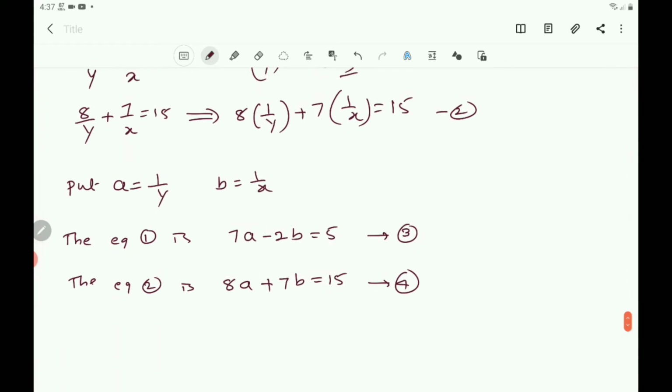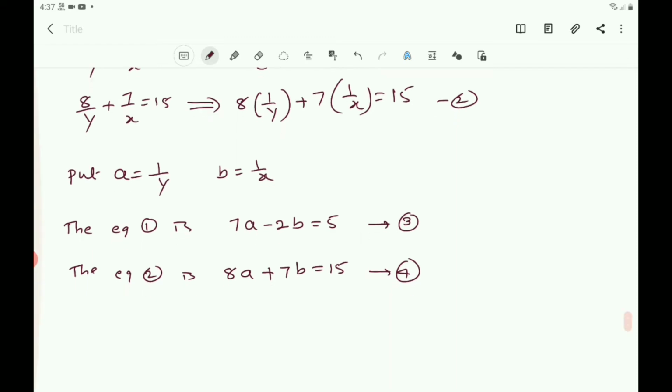Now if you want to solve it by the elimination method, try to cancel any one of the variables. See the coefficients of the variables here. The coefficient of a is 7 in the first equation and 8 in the second equation. The coefficient of b is minus 2 in the first equation and 7 in the second equation.